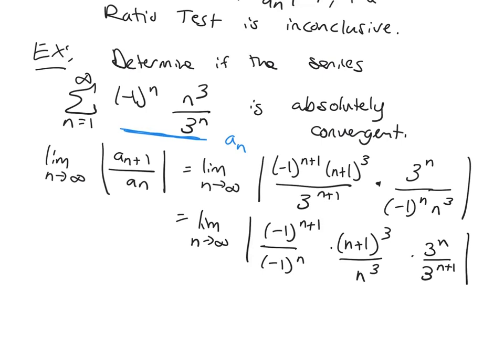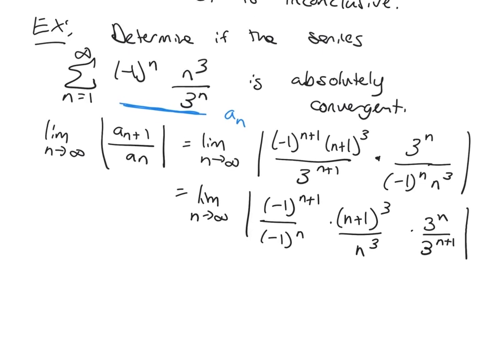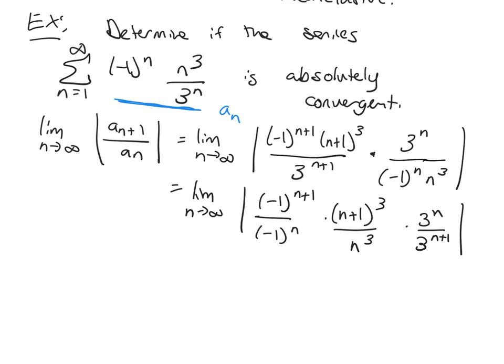So let's take negative 1 to the n plus 1 divided by negative 1 to the n. How does that simplify? Remember, when they have the same base, you subtract their powers. n plus 1 minus n. Negative 1 to the first, yep.